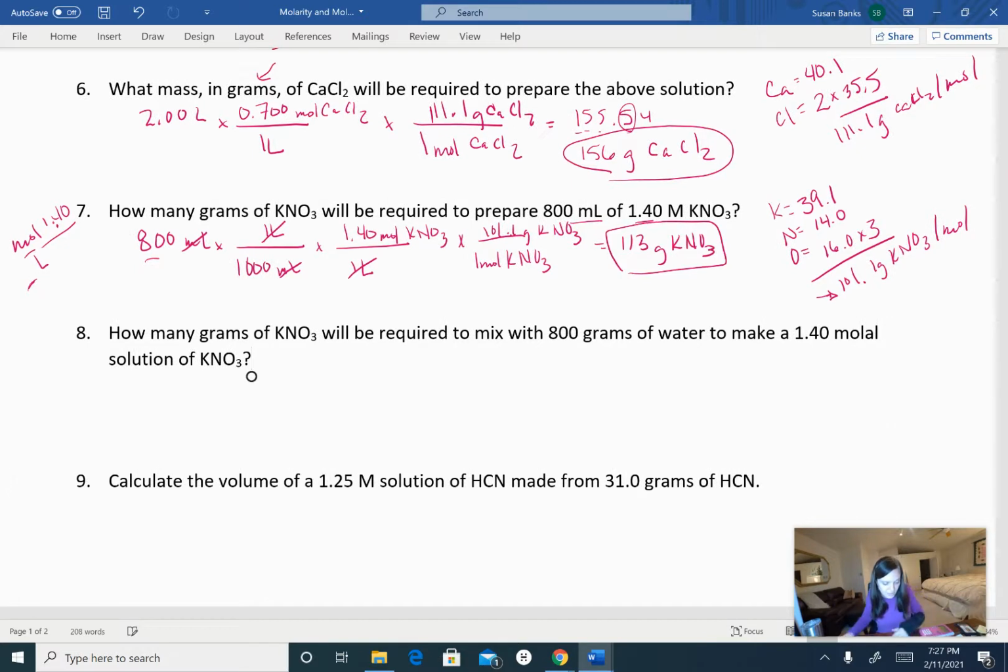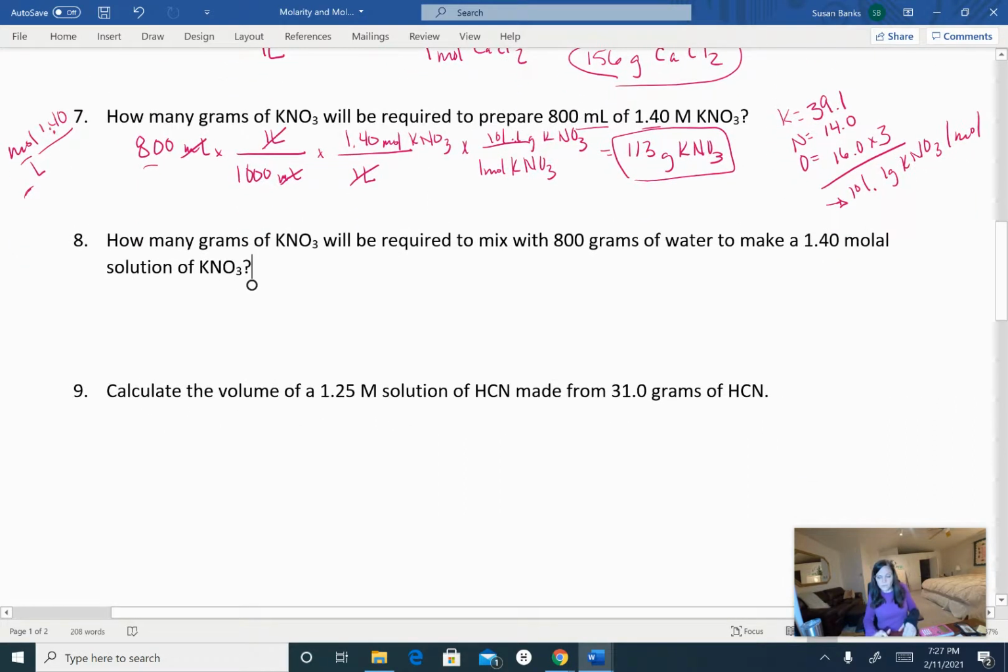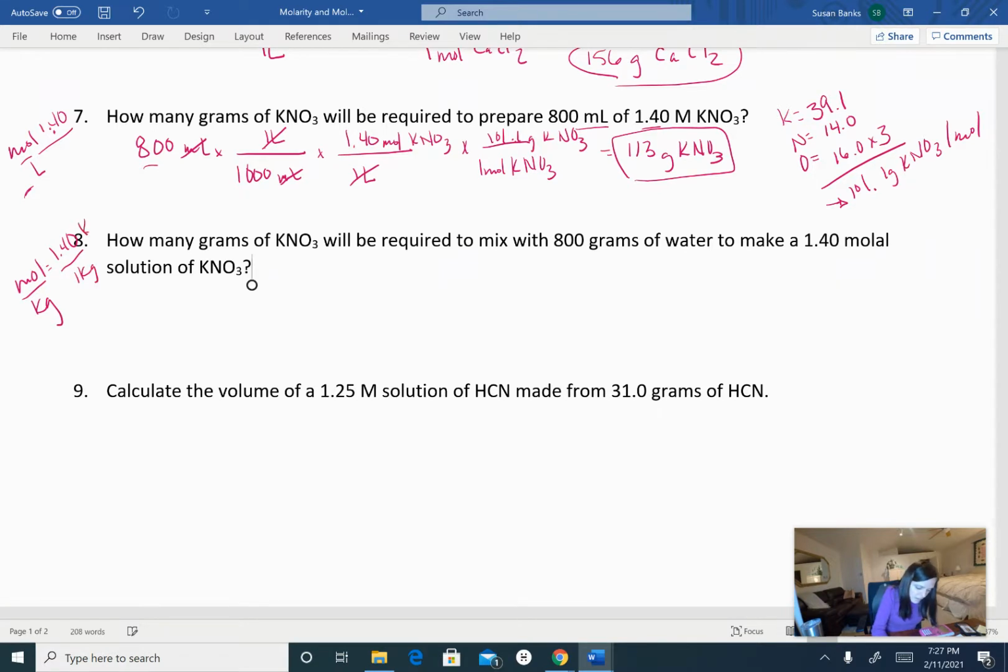How many grams of potassium nitrate will be required to mix with 800 grams of water to make a solution? So a 1.4 molal solution. So we're going to use now moles per kilogram. And this gives us the same, we have 1.40 moles per 1 kilogram of water. So this is moles of potassium nitrate and kilogram of water.